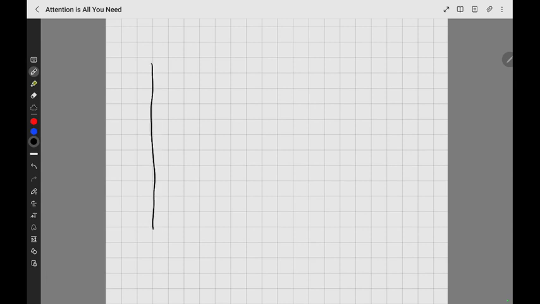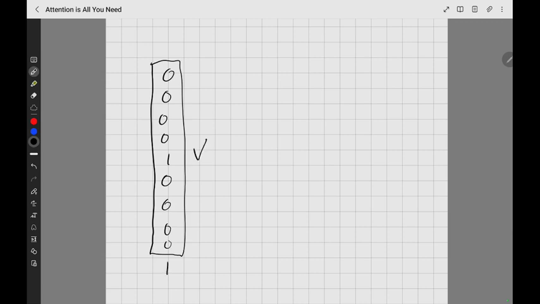So what you do is you have an embedding matrix. Initially you have this huge sparse vector, 0, 0, 0, 1, 0, 0, 0, 0. You have this massive vector of shape V by 1, where V is the vocab size.